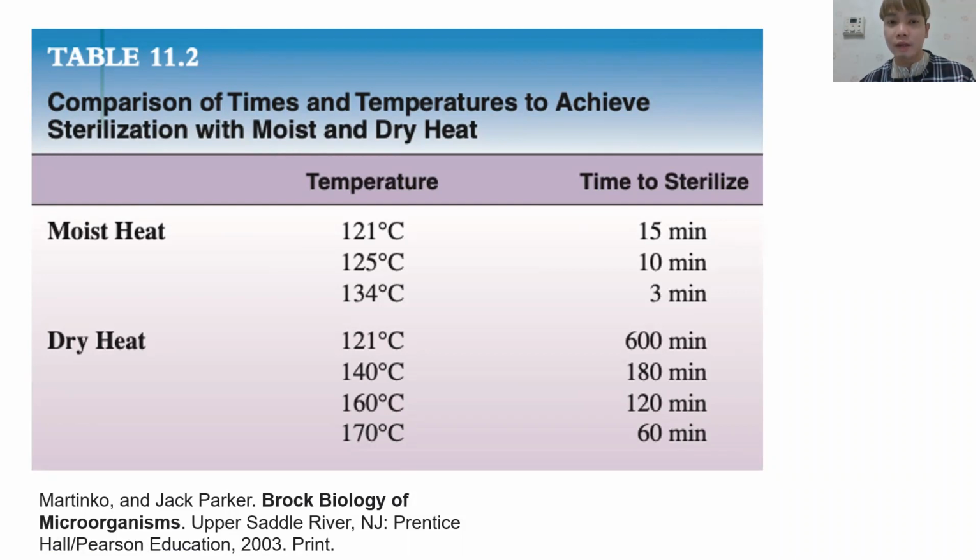That's the pressure inside the autoclave. Okay, and that will we sterilize things at 15 minutes, like 15 minutes at 121 degrees Celsius. Remember that. Okay, that is a basic of microbiology.